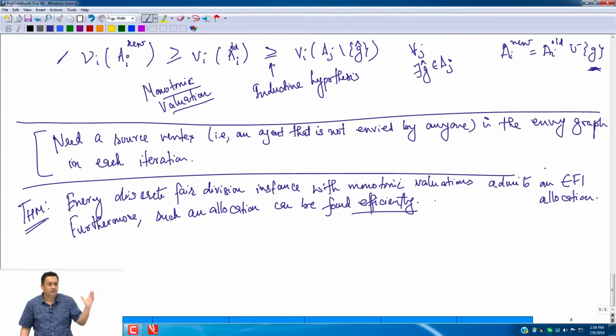A function that huge would require you to spell out 2 to the m values. You are able to obtain a result for such general functions, where the only property is monotonicity, by looking at a polynomial number of places.